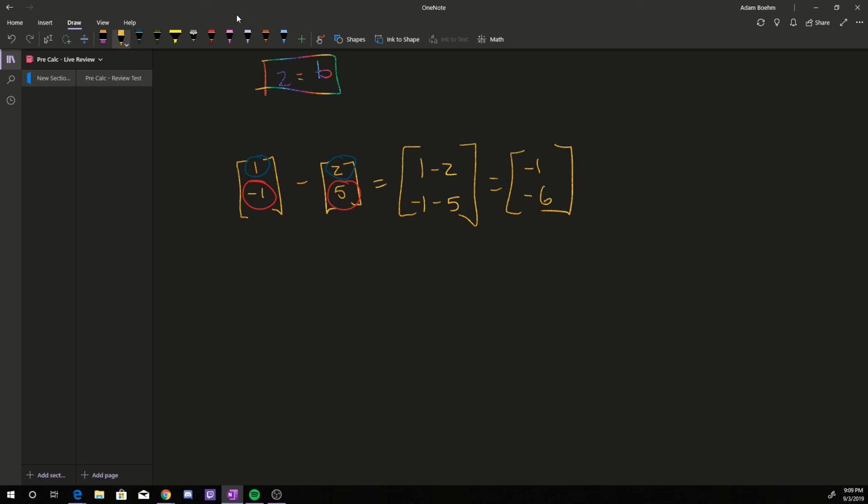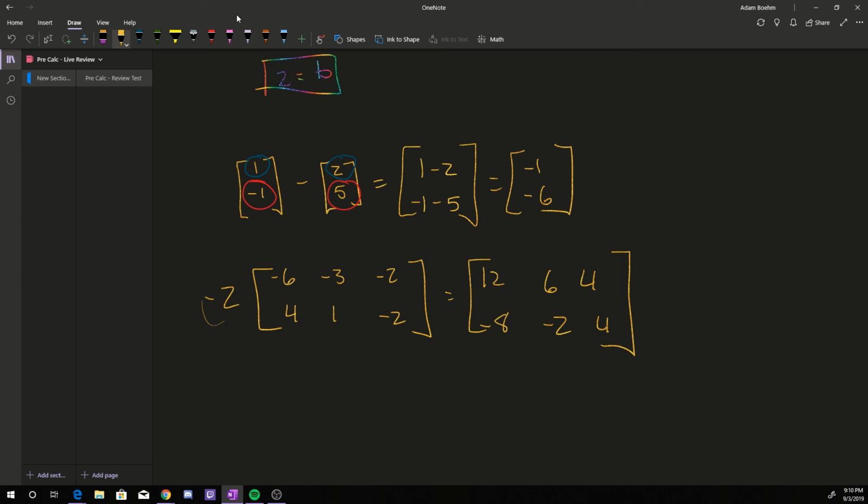12 is really easy too, and I'll just do it real quick. When you're multiplying a scalar, which is this -2, by a matrix, you just multiply everything in the matrix by that scalar. So you'd get 12, 6, 4, -8, -2, and +4.